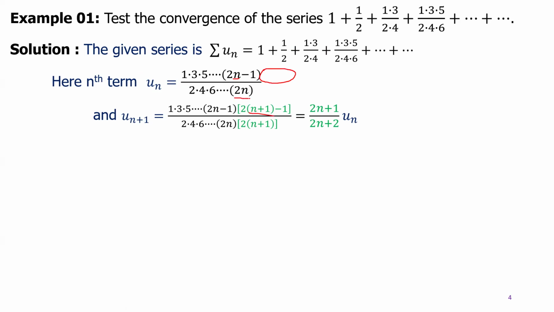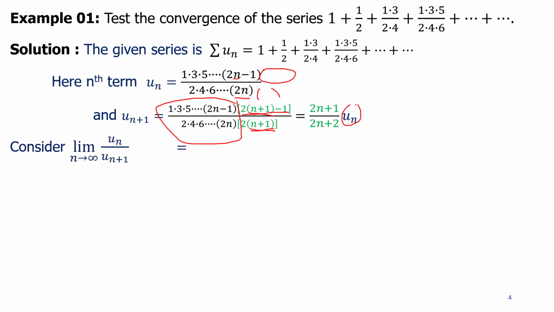Similarly here, 2n is replaced by 2 times n plus 1. So if we simplify it, 1 into 3 into 5 up to 2n is nothing but un, and the remaining factor is 2n plus 1 divided by 2n plus 2. And this is un plus 1 upon un.